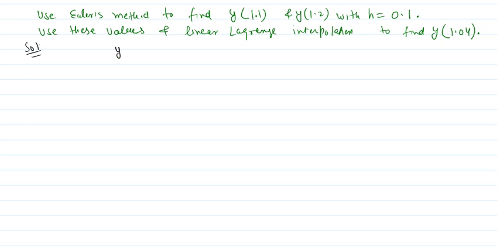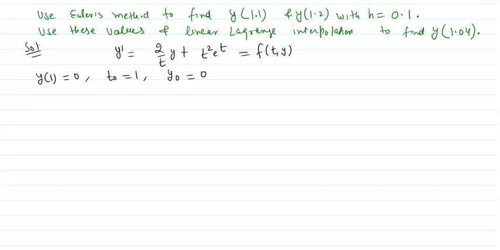So in notation I have dy by dt equal to 2 by t y plus t square e power t. So this is my f, and initially it is given that y(1) equal to 0, so t0 is 1, y0 is 0, step size is 0.1. Okay, and then you can compute the solution at the next point t1, which is 1.1. So y1 means y at 1.1. I am starting with 1.